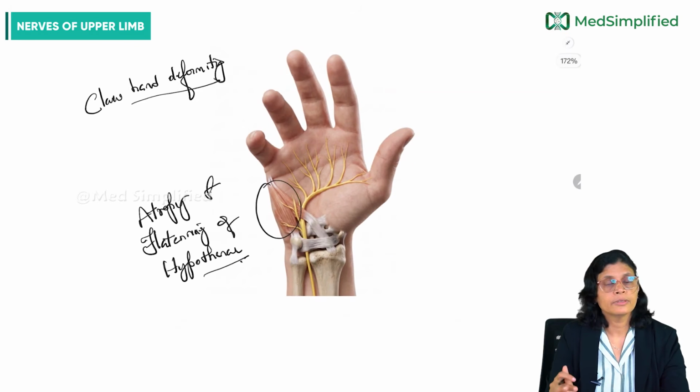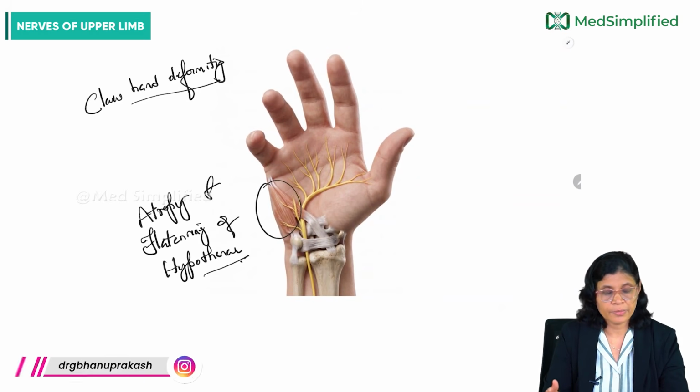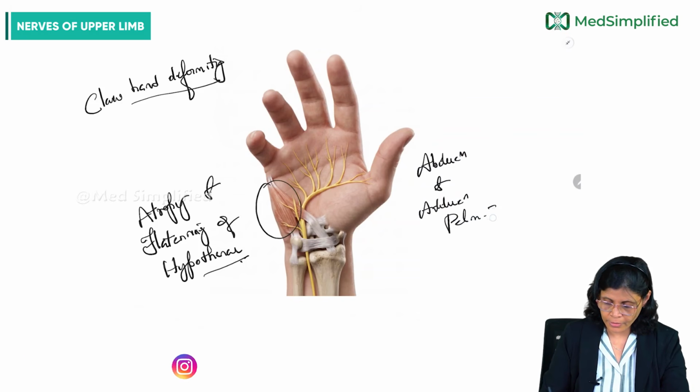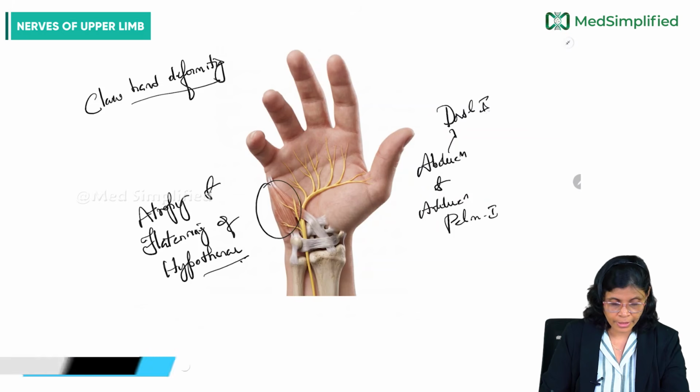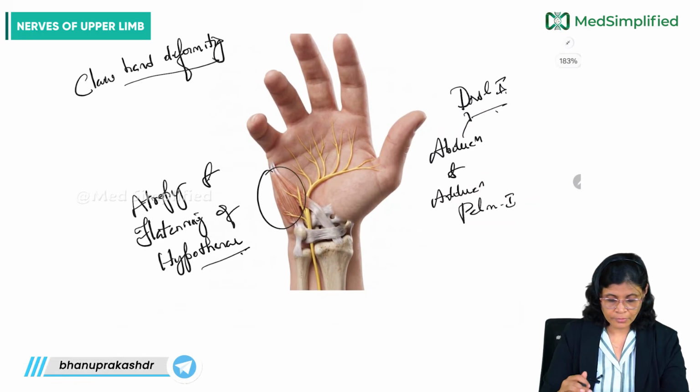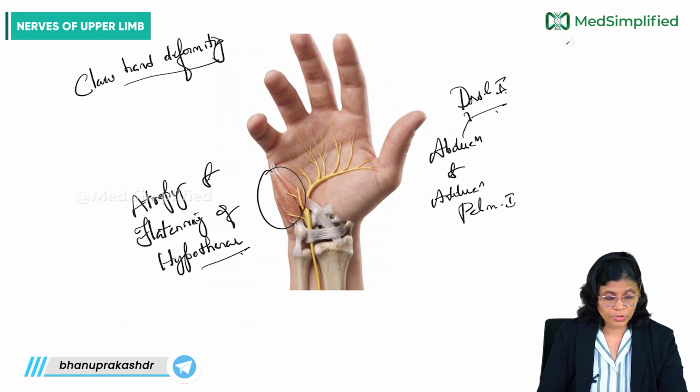Then abduction and adduction, same thing is lost. Adduction because of palmar interossei, abduction because of dorsal interossei is lost, and Froment's sign is positive.